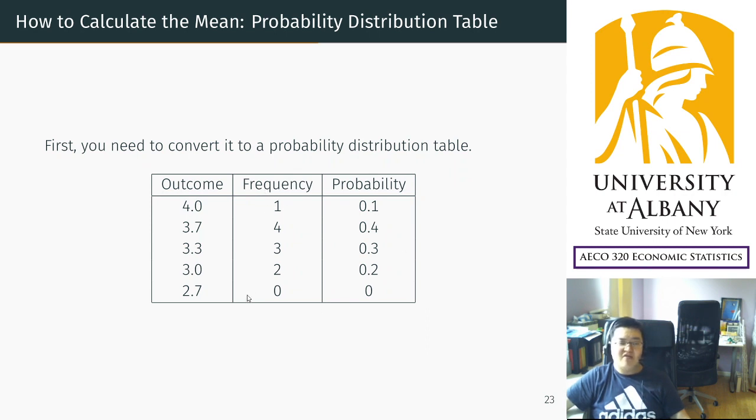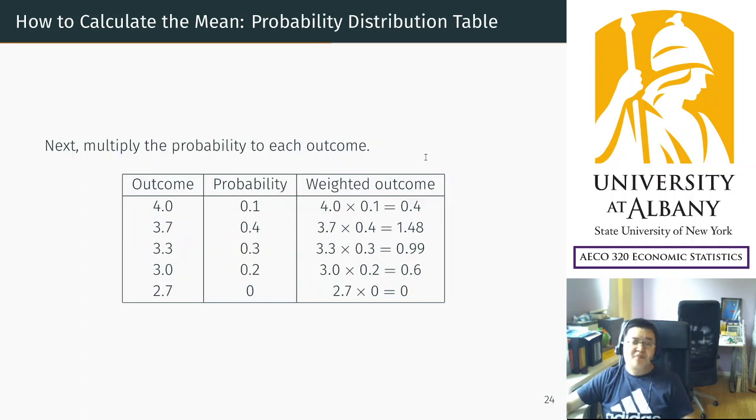Because there are 10 observations. If A minus realizes 4 times out of 10, automatically the probability is 0.4. It's easy. Just divide the frequency by the sample size, which is 10 in this example. And then you have the probability.